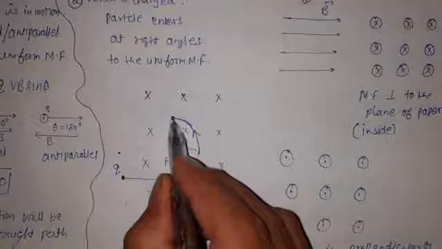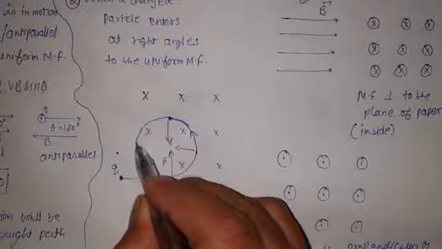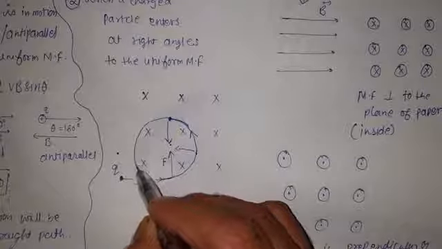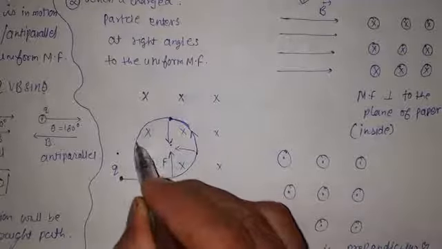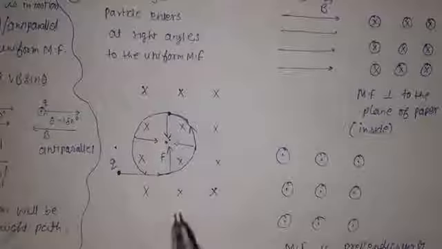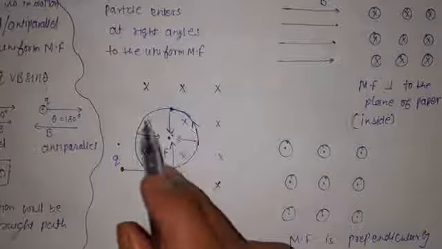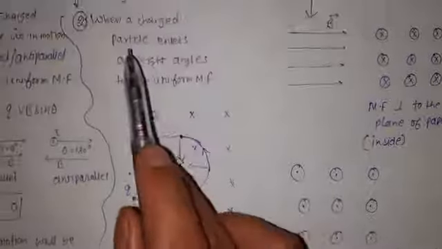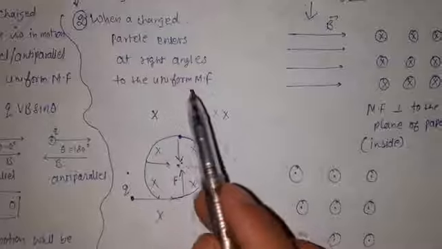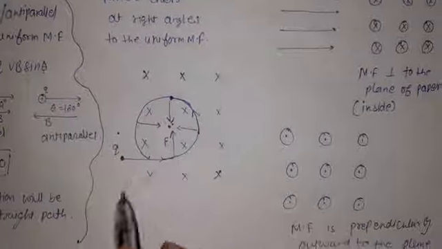So at every point, the force exerted on this charge is pointing toward the center. Thus we got a circular path which is followed by this charged particle when it enters perpendicularly to the uniform magnetic field.